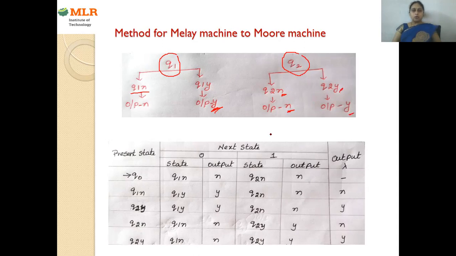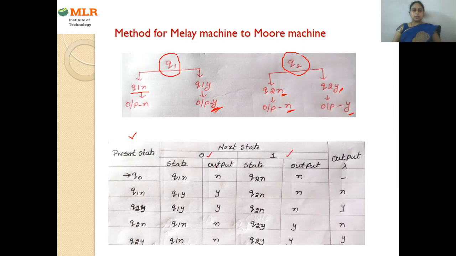Now how are we going to represent the transition table? Based on this, we are going to convert it into a transition diagram. This is the transition table which we are going to represent for the Mealy machine before converting it to a Moore machine. Just observe, here you have the present state, the next state, and the input symbols 0 and 1.